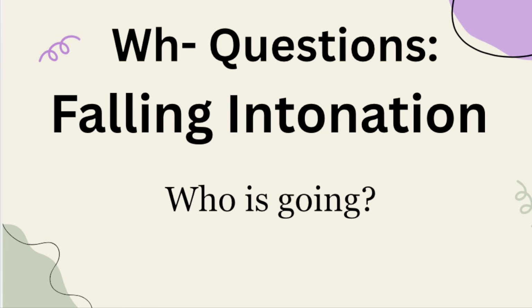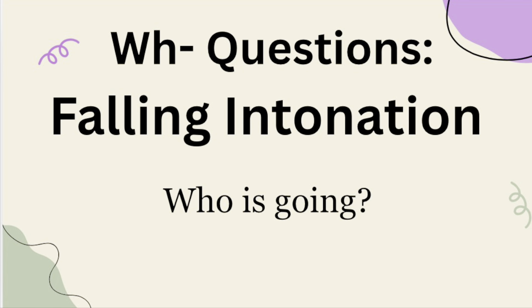So if I use who, what, those words, I already know that you're asking me a question. So I would say, who is going? And you'll notice my intonation fell. I didn't say who is going because that's redundant. I don't need to do a question word plus rising intonation because the fact that I used who already tells me it's a question.